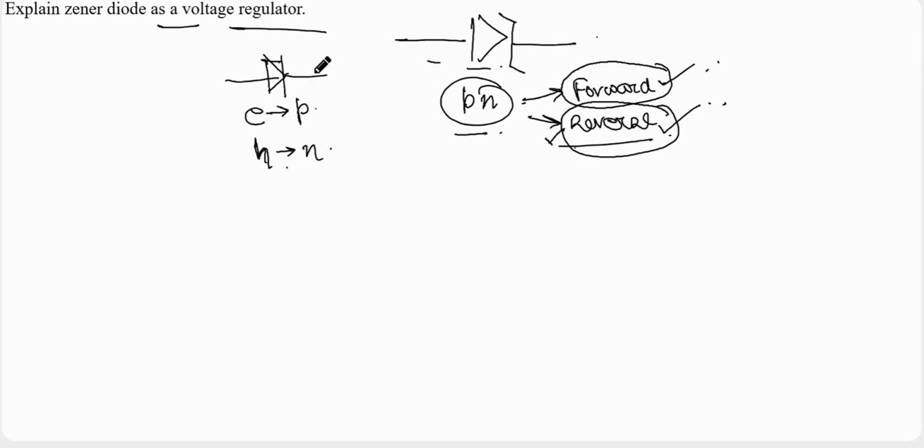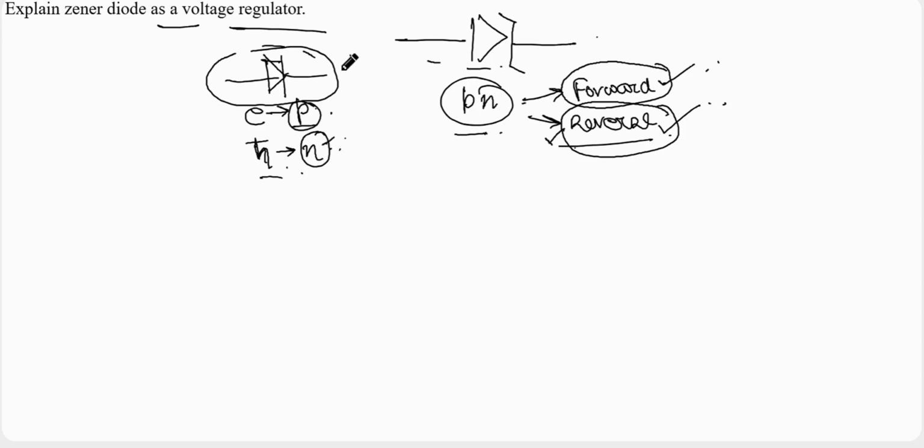But during reverse bias, the width of the depletion region increases. So the electrons or holes cannot transmit from one region to another. For example, electrons from the N region cannot transmit to the P region, or holes from the P region cannot transmit to the N region.